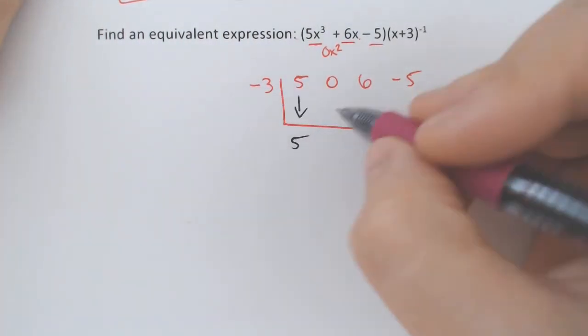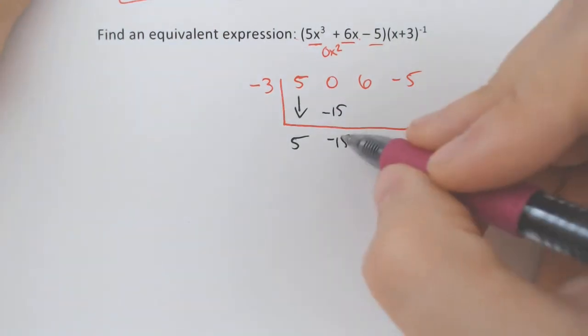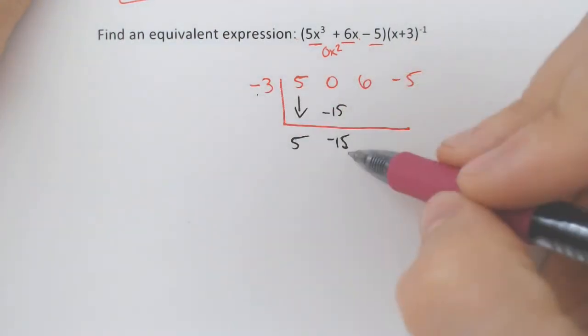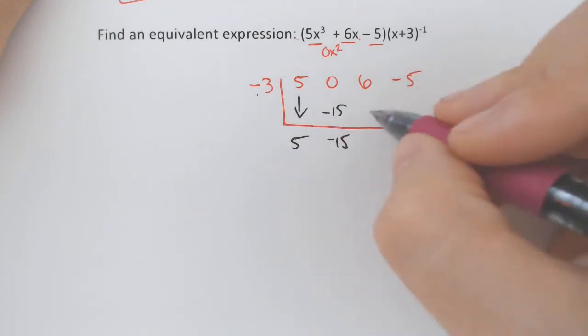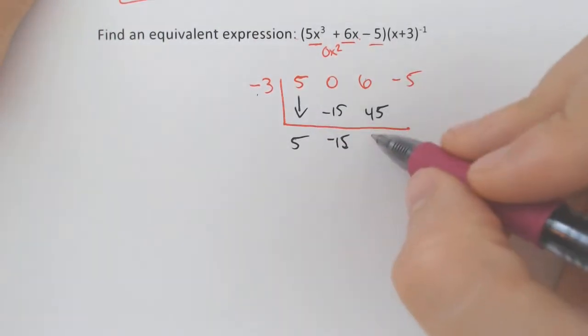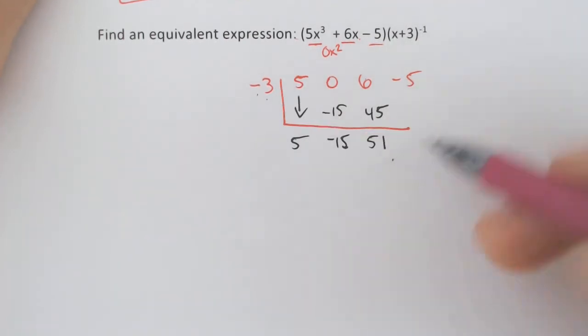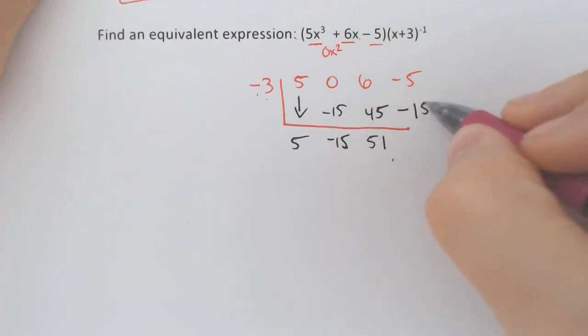You multiply negative 3 and 5, you get negative 15. You add 0 and negative 15, which makes negative 15. You multiply negative 3 and negative 15, you get 45. 45 and 6 makes 51. Multiply negative 3 and 51, you get negative 153.